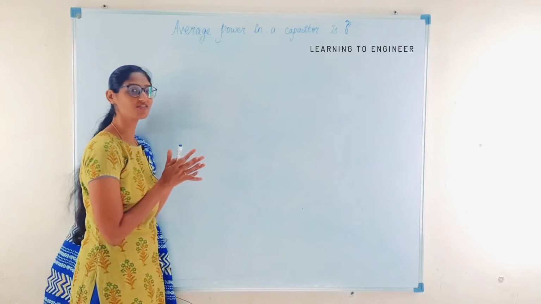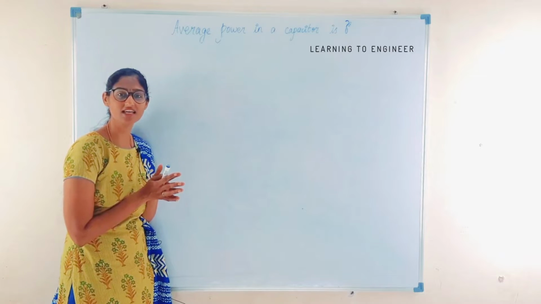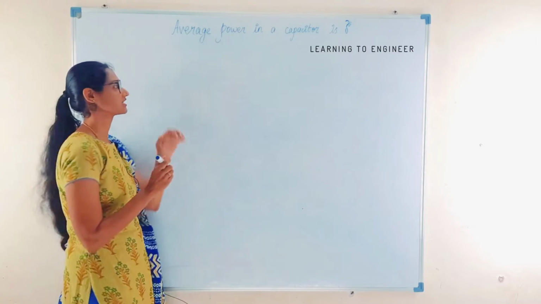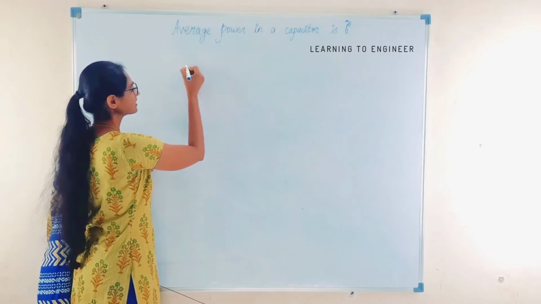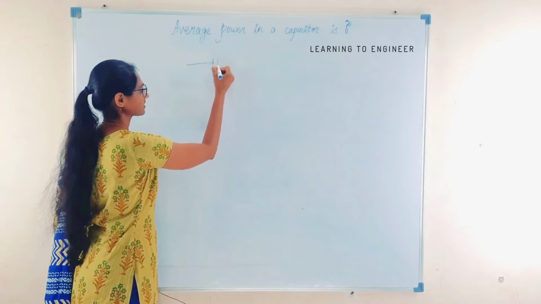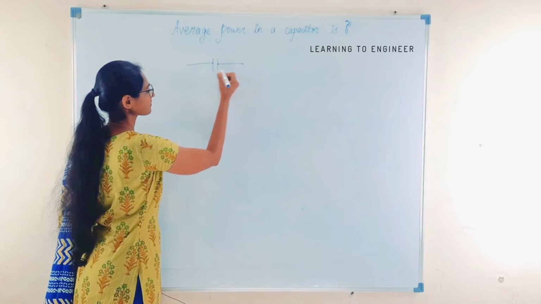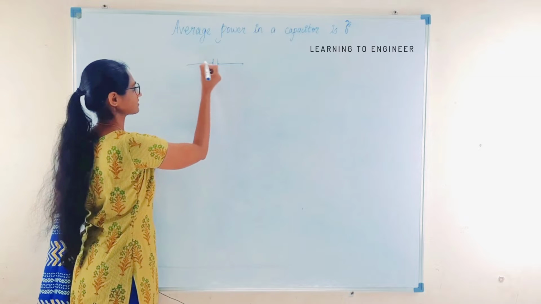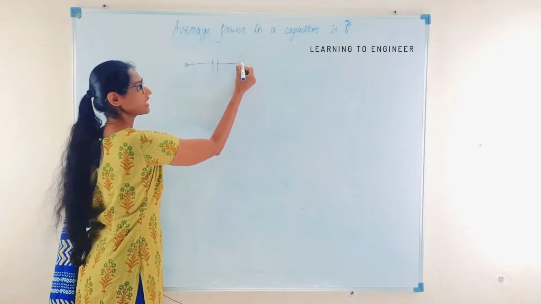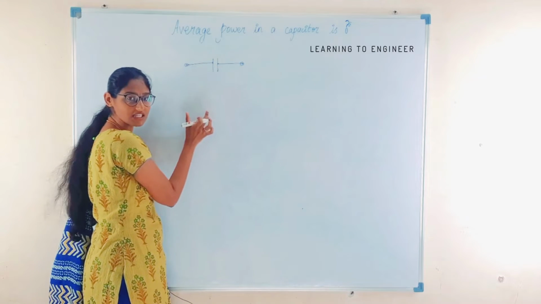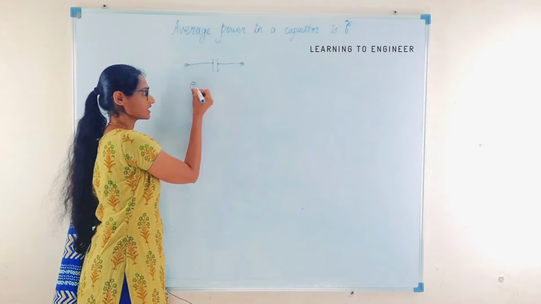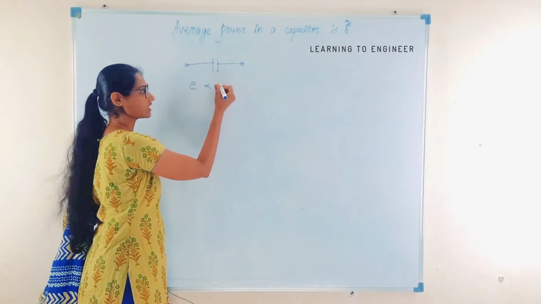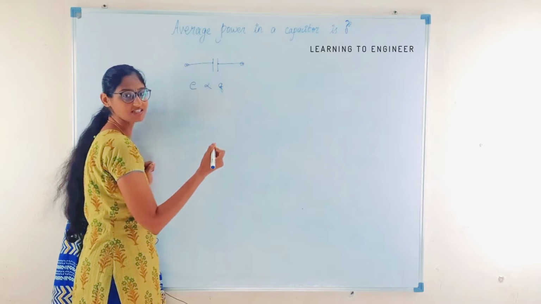First, we'll understand what a capacitor is and then we'll answer this question. A capacitor is a charge storage device. It stores the current in the form of charges. The EMF that's developed across the ends of a capacitor, which is E, is directly proportional to the charges that it stores.